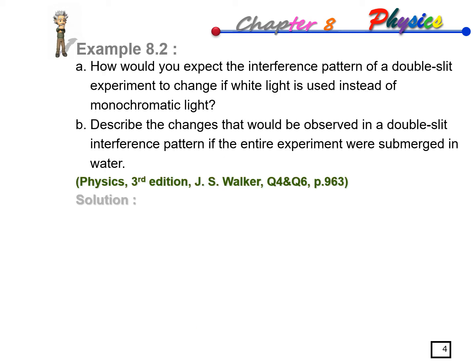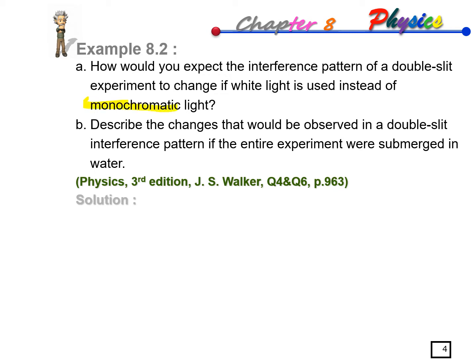Example 8.2, they want to explain how you would expect the interference pattern of a double slit experiment to change if white light is used instead of monochromatic light. Now what is the meaning of monochromatic?